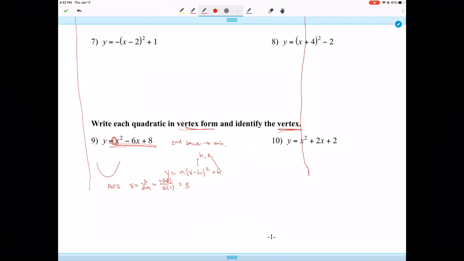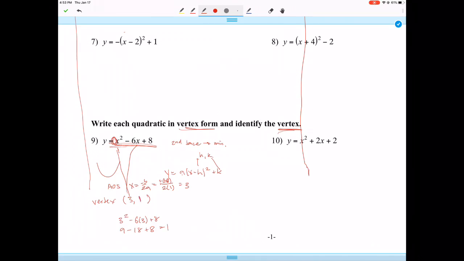And then for our vertex, that is 3 comma something. You would take that 3 and plug it into your equation for your x's, and you would get your y value. So that'd be 3 squared minus 6 times 3 plus 8. That's 9 minus 18 plus 8, and that should give you 1.